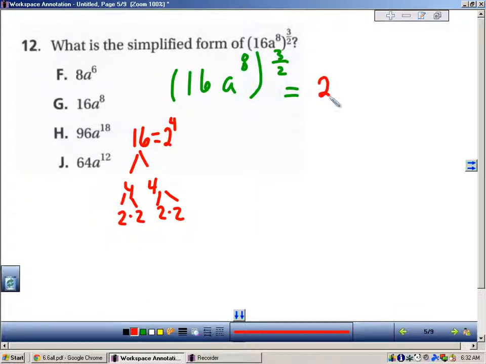Okay, 2 to the 4th is 16. Now I'm going to distribute 3 halves. Right? And then we have 8 to the 8th, and I'm going to distribute 3 halves.